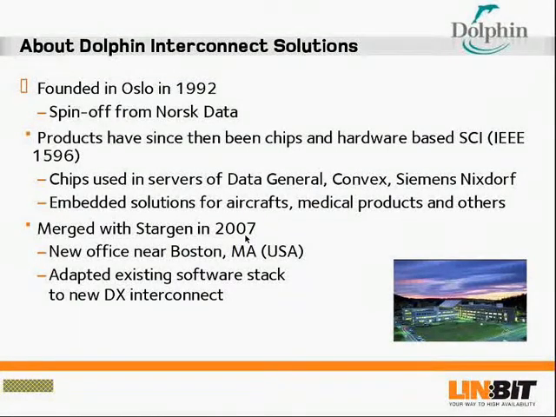Joachim Borringen. I work for Dolphin Interconnect Solutions. For those of you who may not have heard of us, we are in business since 1992. Founded in Oslo and still with headquarters in Oslo.